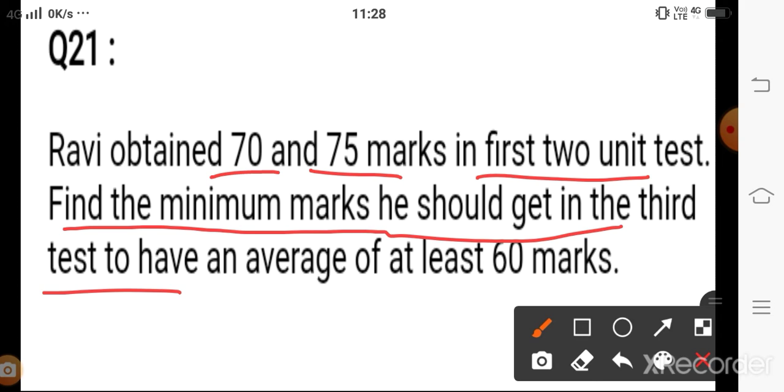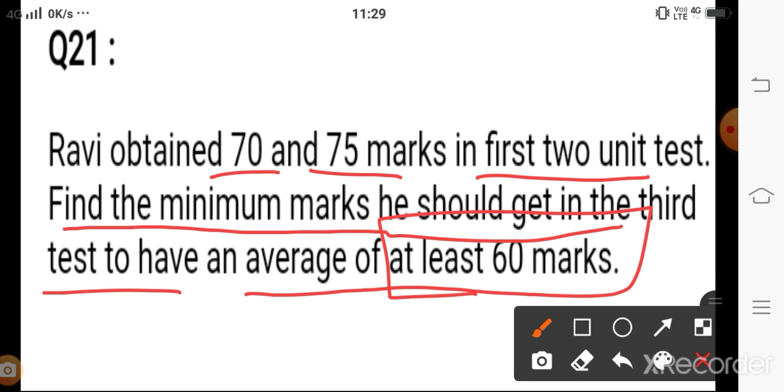The minimum marks we consider as x, and a condition is given here. We have to find the minimum marks he should get in the third test to have an average of at least 60 marks. Means a minimum of 60 marks, maybe the average more than 60.